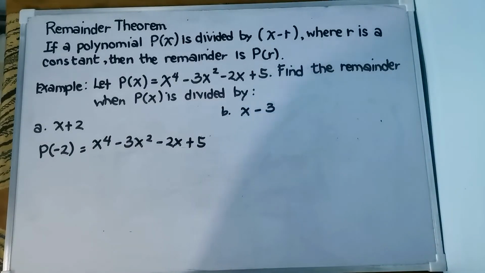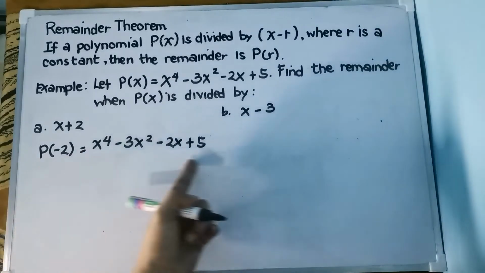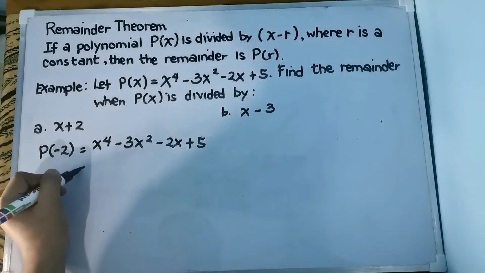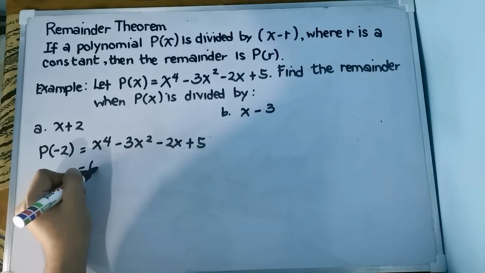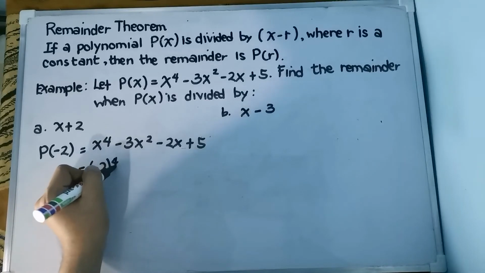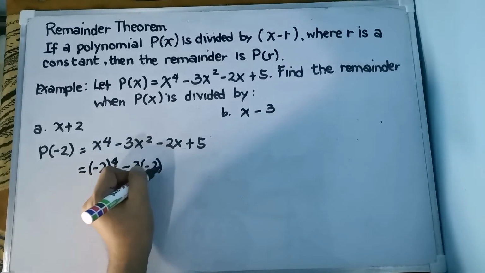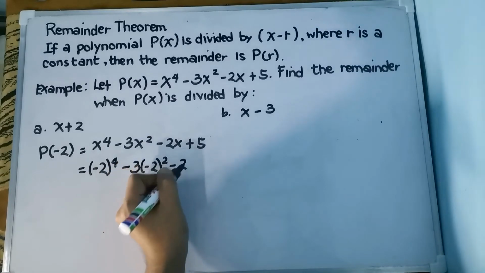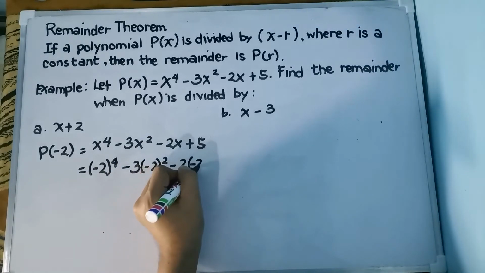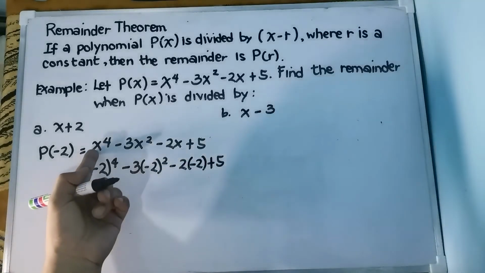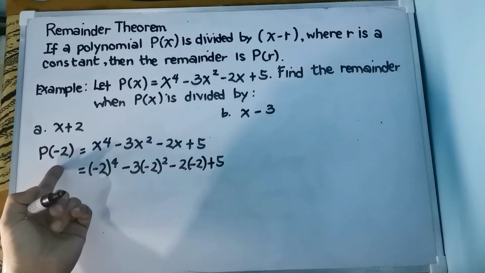Again, we just substitute negative 2 for all the values of x here. So we have negative 2 to the fourth minus 3 times negative 2 squared minus 2 times negative 2 plus 5. Again, lahat ng x ay pinalitan natin ng negative 2.